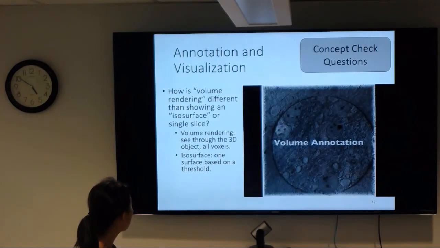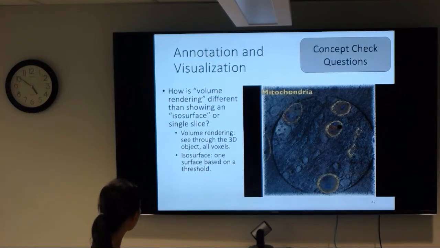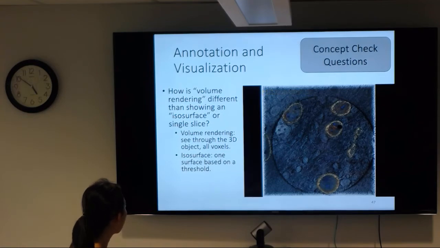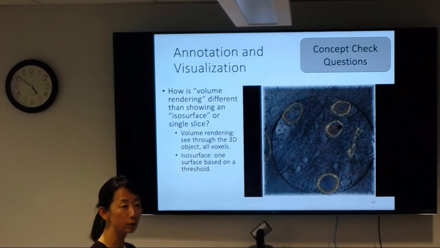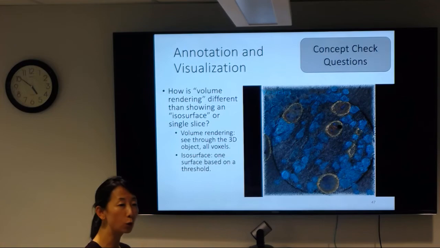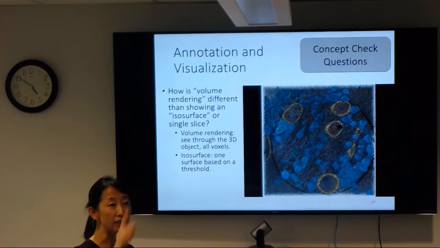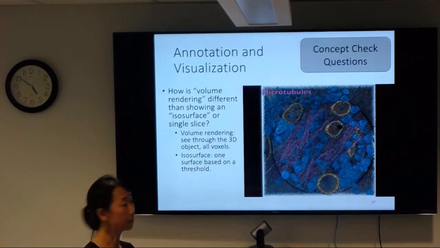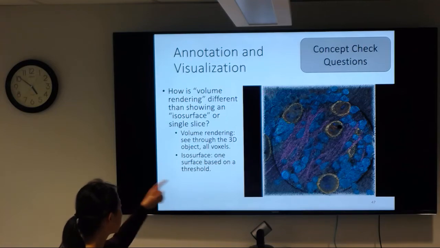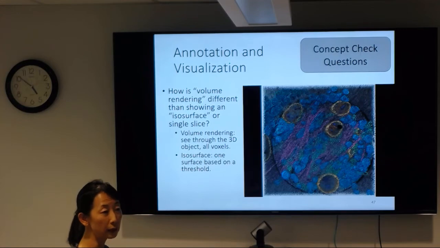And then isosurface is where you define a surface level and you apply that number to the whole density. So it's like a shell based on that number. The mitochondria, microtubule, and all the vesicles were displayed by isosurface.